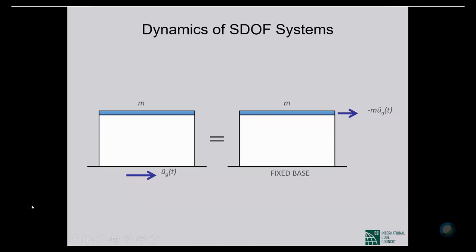So if the ground acceleration is UG double dot, which is a function of time, the inertia force would be negative the mass times the ground acceleration, assuming there is no amplification of the ground acceleration in going from the ground to the mass. But the important thing is the negative sign. The inertia force is in a direction opposite to that of the earthquake.